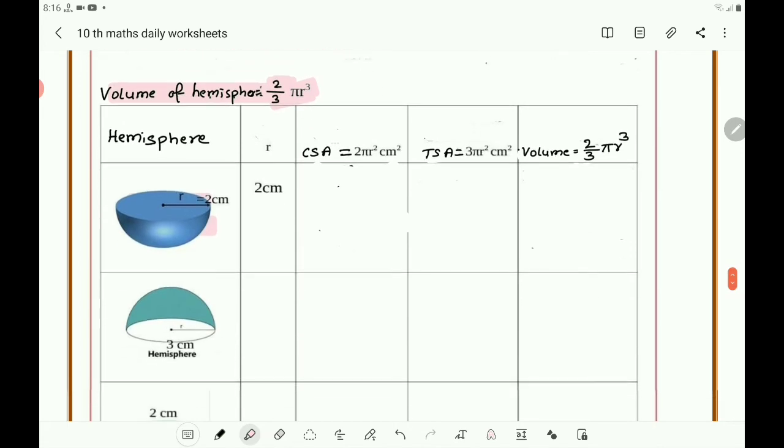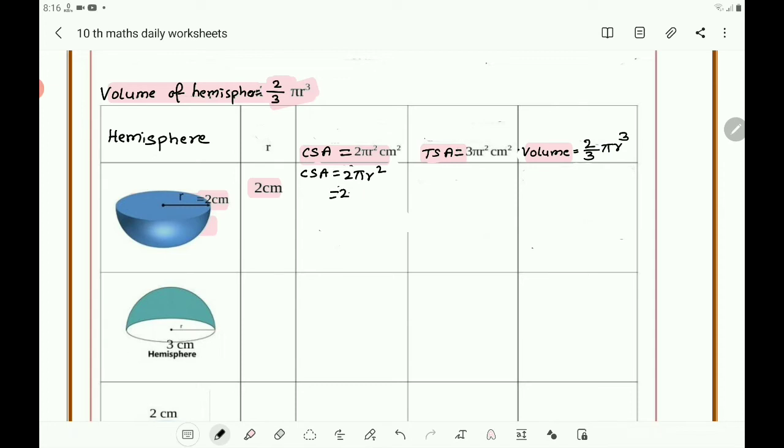Now you take the first one, the hemisphere with radius 2 cm, and here we have to calculate CSA, TSA and volume. Write the formula for CSA. CSA equals 2 pi r square.